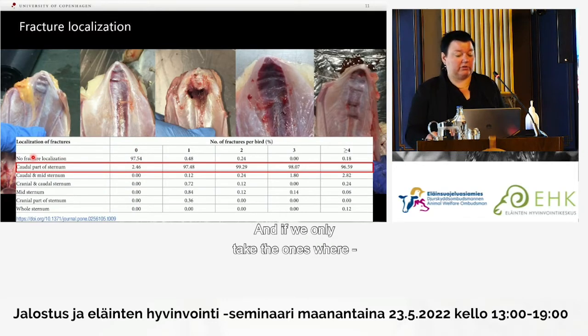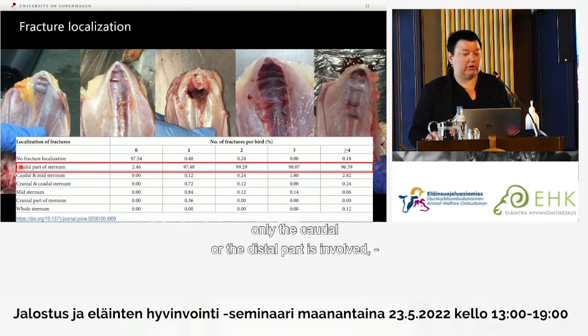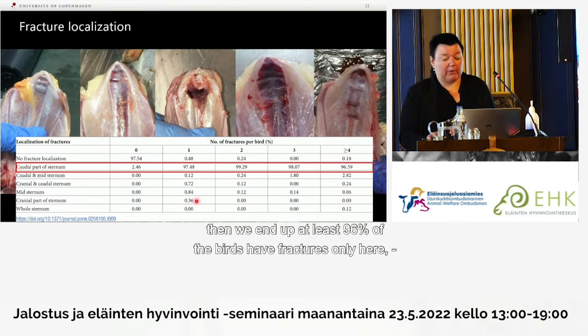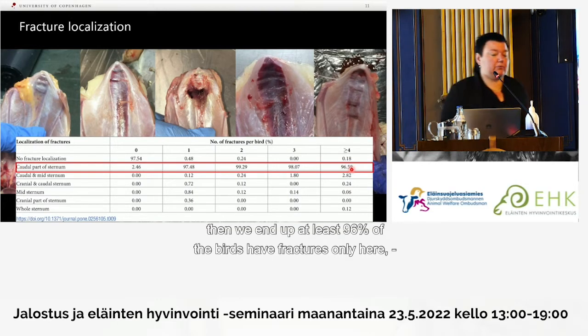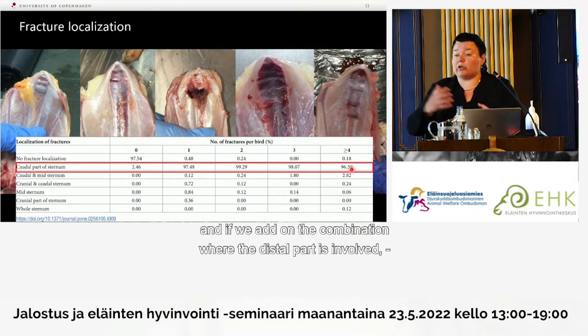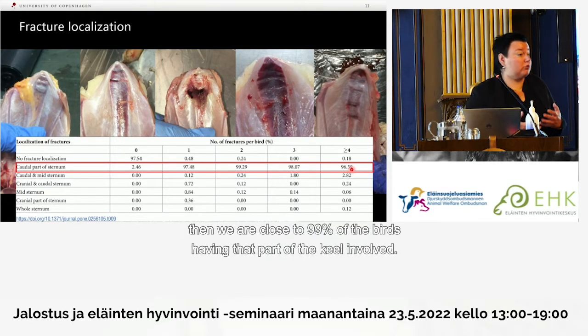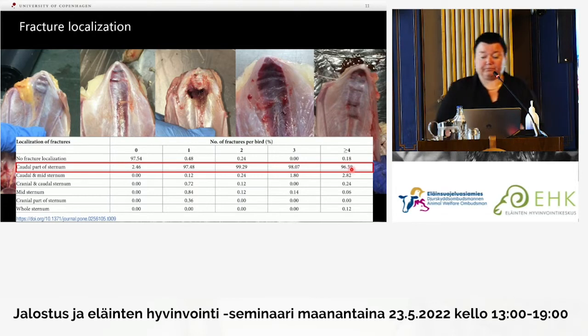If we only take the ones where only the caudal or the distal part is involved, then we end up with at least 96% of the birds having fractures only here. And if we add the combinations where the distal part is involved, then we are close to 99% of the birds having that part of the keel involved.